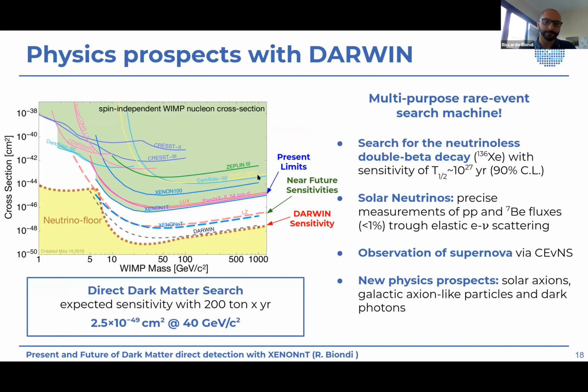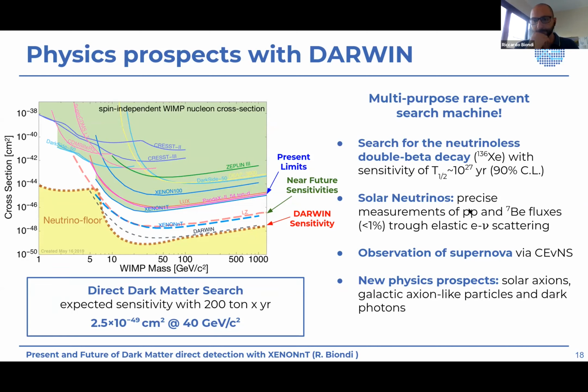And this is because it could reach, this is the projected sensitivity, and you can see it can reach the famous neutrino floor. It is the irreducible background given by neutrino nuclear scattering from solar neutrinos. But this, while an obstacle for dark matter search, can give us the opportunity to measure the solar neutrino flux.